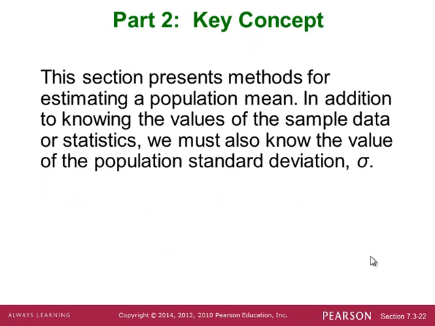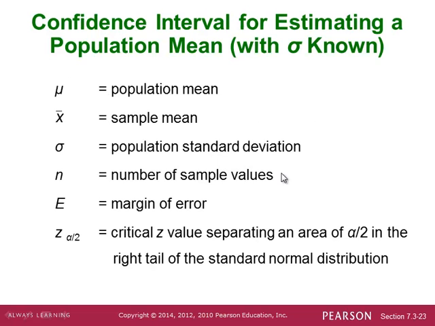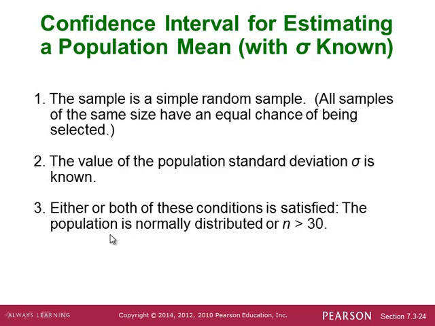Now the second part will go a little bit more quickly, because here we're going to assume that we do know the population standard deviation. Okay? Everything else is the same. Except notice that we're not using our t value. We're going to go back to using our z value.